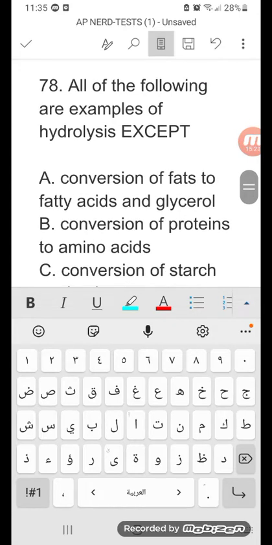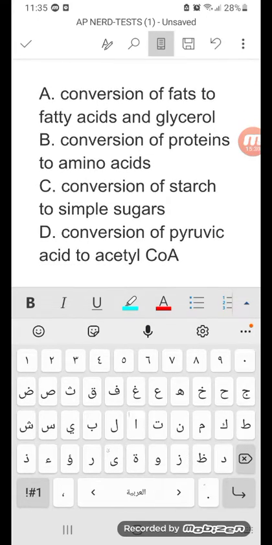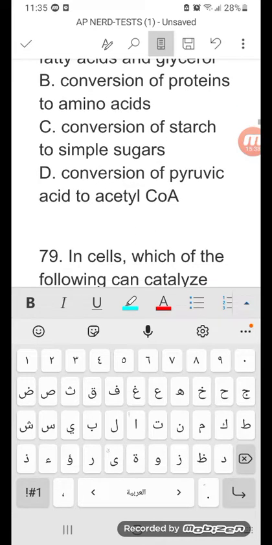All the following are examples of hydrolysis except conversion of fats to fatty acids and glycerol, okay. Conversion of protein to amino acids, okay. Conversion of starch... Conversion of pyruvic acid to acetyl-CoA. Okay, of course, this is the one. Why?